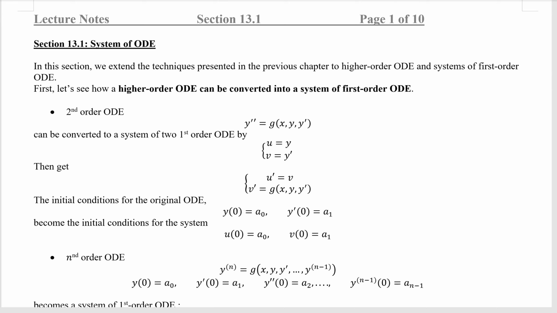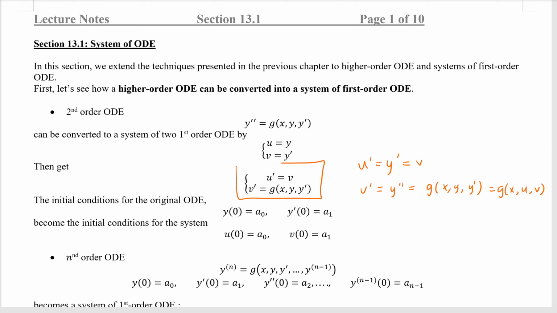Then u prime is y prime, which is v, and v prime is y double prime, which is g of x, y, and y prime. But now x is still x, y is u, y prime is v.